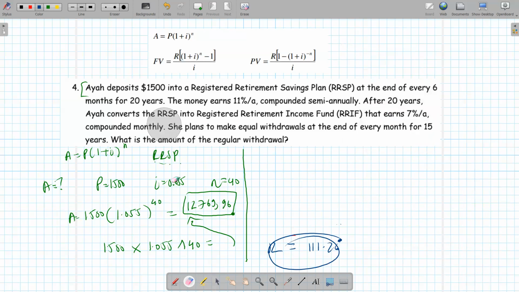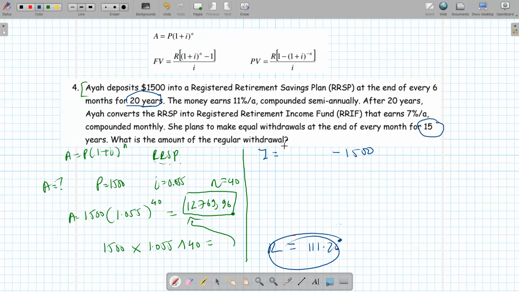We're going to do something new this time. So here's a question for you. How much interest did he earn over 35 years? Because this money was sitting in this bank account for 20 years, and then it sat in this bank account for 15 years. Initially, he only put in 1,500, right?